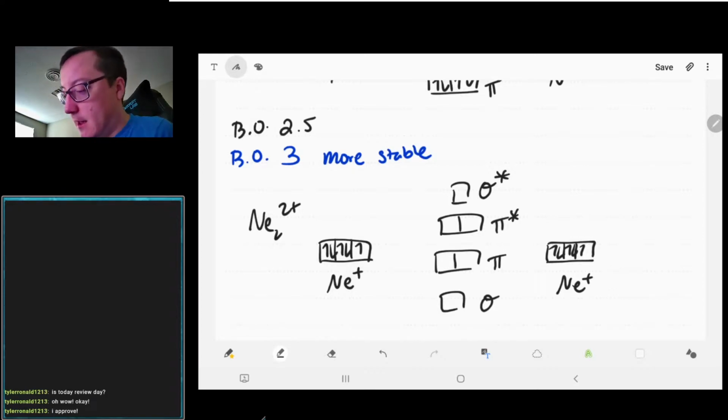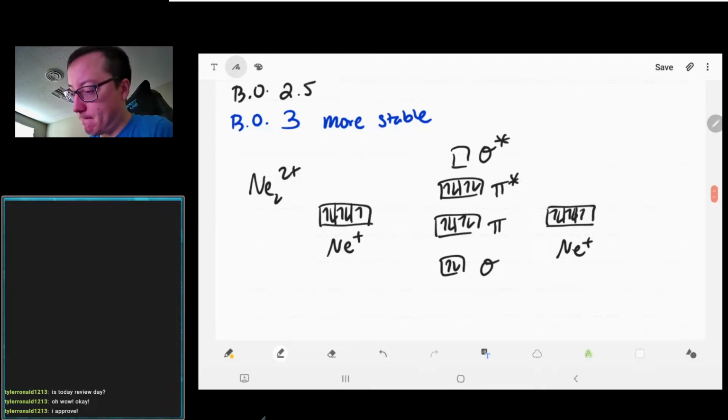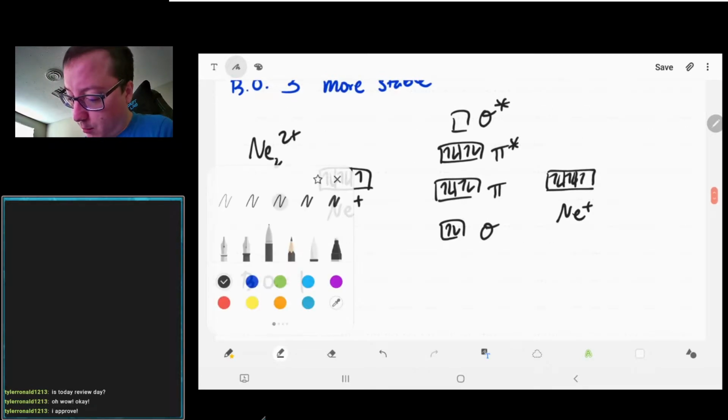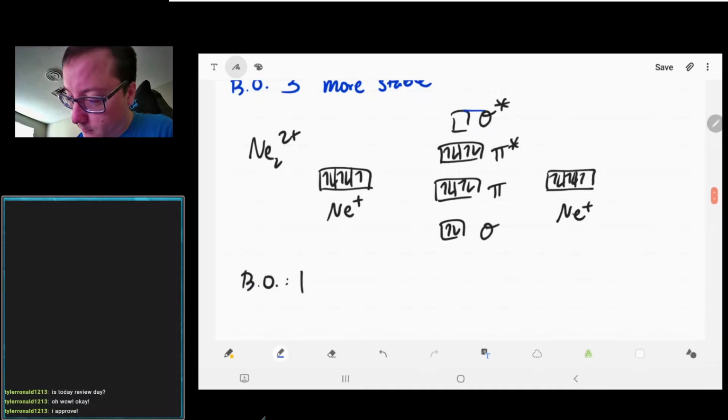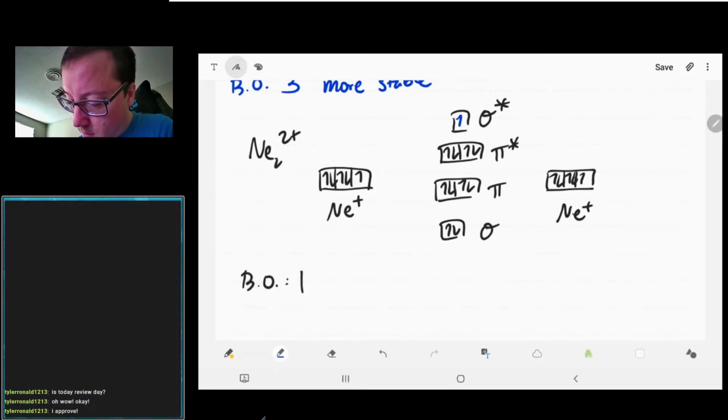We have 10 electrons. 1, 2, 3, 4, 5, 6, 7, 8, 9, 10. Bond order for this is going to be 1. If we put in a blue electron, the bond order becomes 1/2, which is less stable.